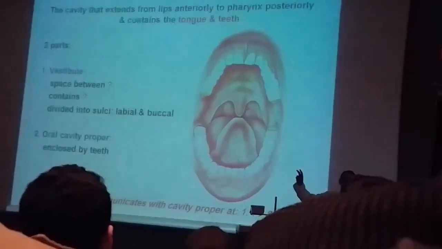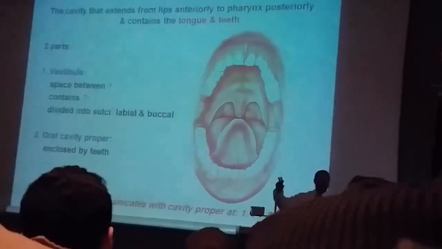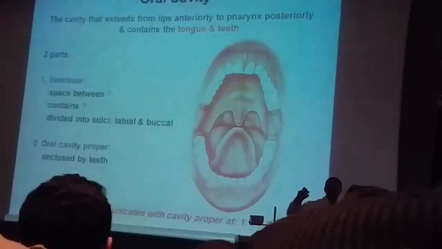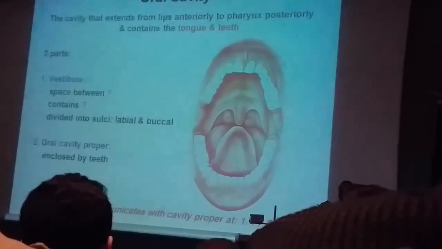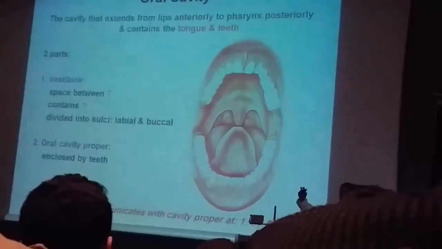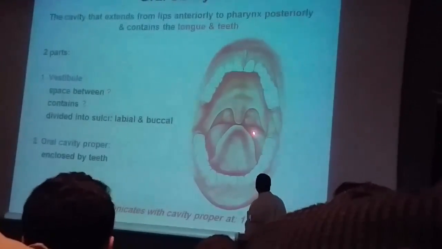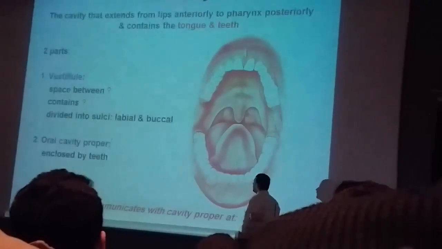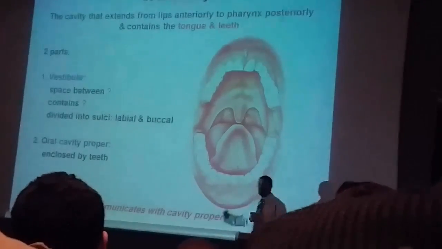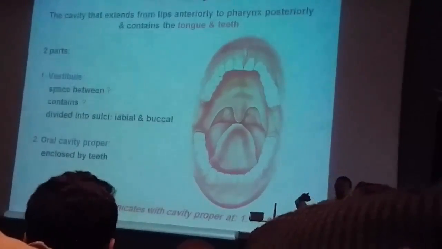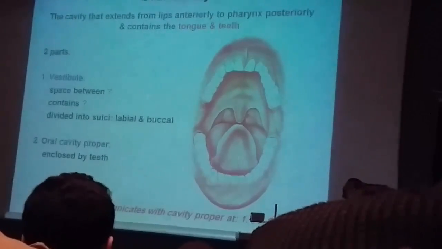An isthmus in anatomy means a narrow passage, like the Suez Canal, an isthmus between the Red Sea and the Mediterranean Sea. So this is the oropharyngeal isthmus, the opening from the oral cavity back into the oropharynx.